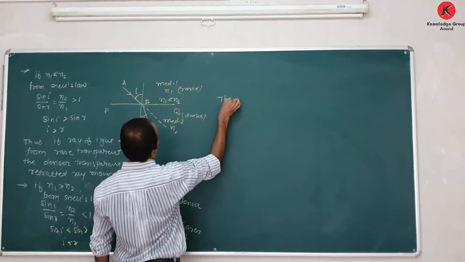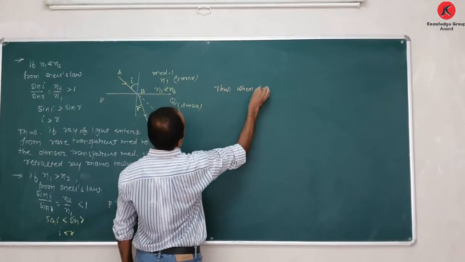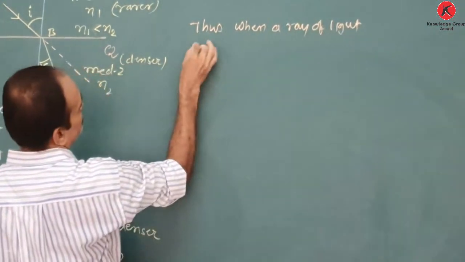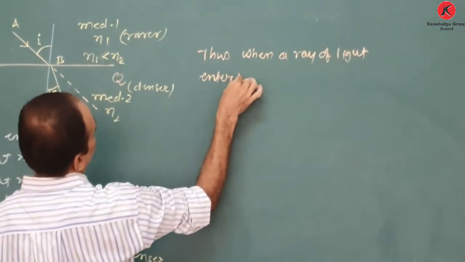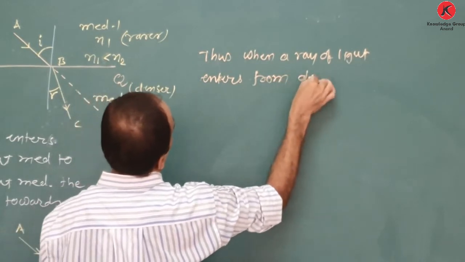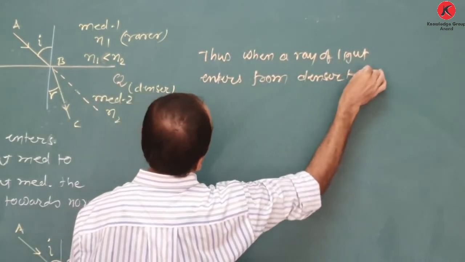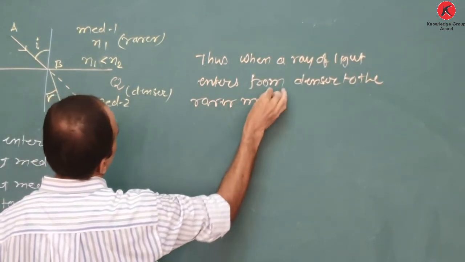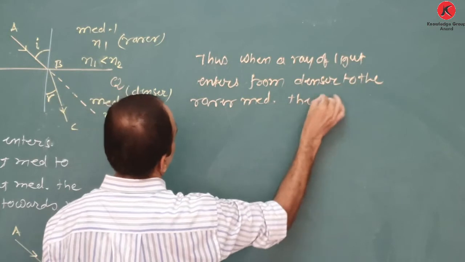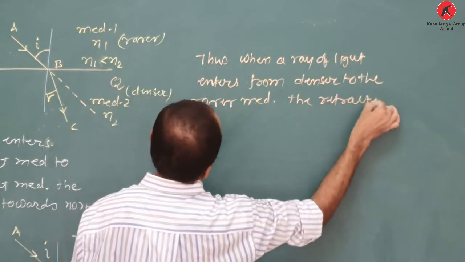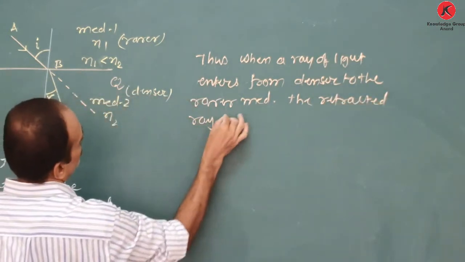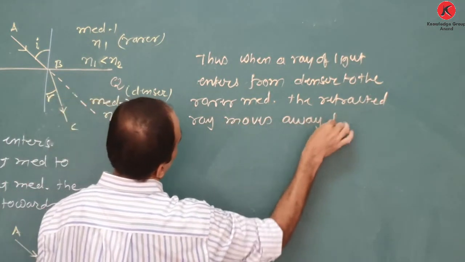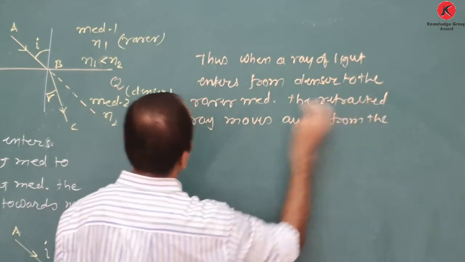Thus, when a ray of light enters from the denser to the rare medium, the refracted ray moves away from the normal.